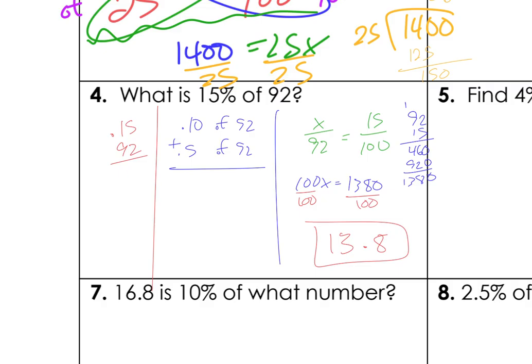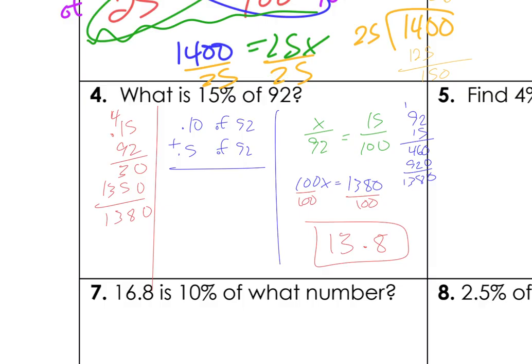Let's see, I might have gone way too fast, but we're about to find out. Is that 0.15 times 92? So 2 times 5 is 10. That's 3, 0. 9 times 5 is 45. There's the 4. 9 times 1, 13, 0, 8, 3, 1.